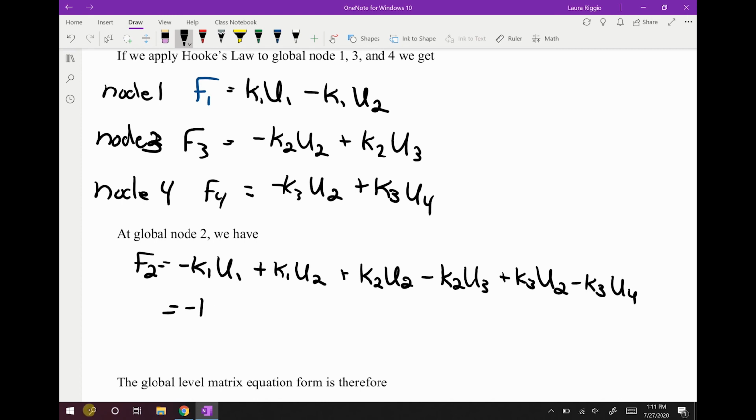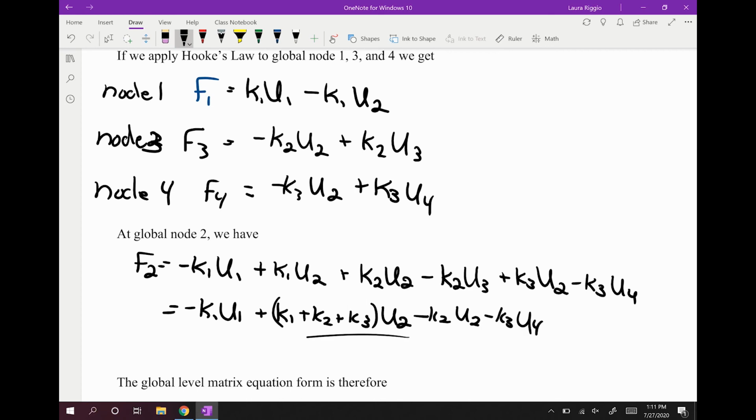So if we were to lump everything together based on our displacements, we notice that at point 2 we wind up summing all of our spring constants.